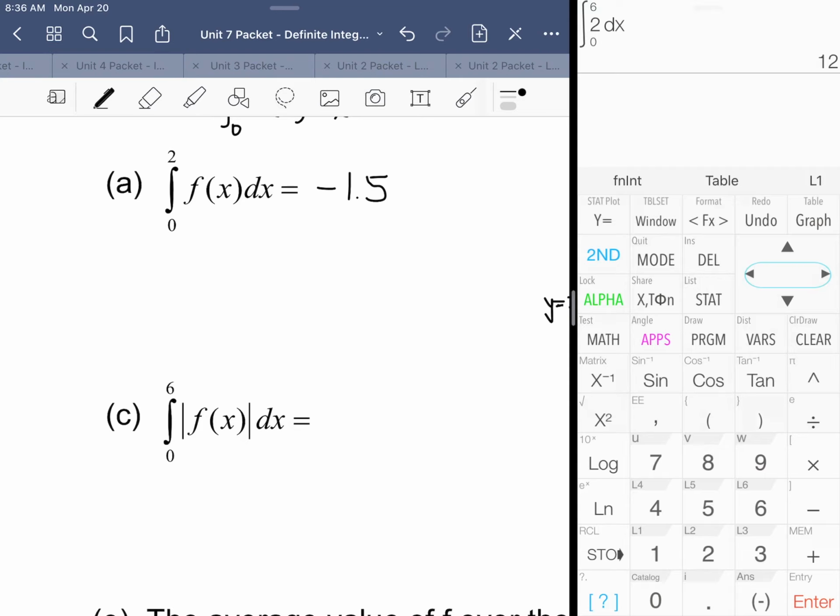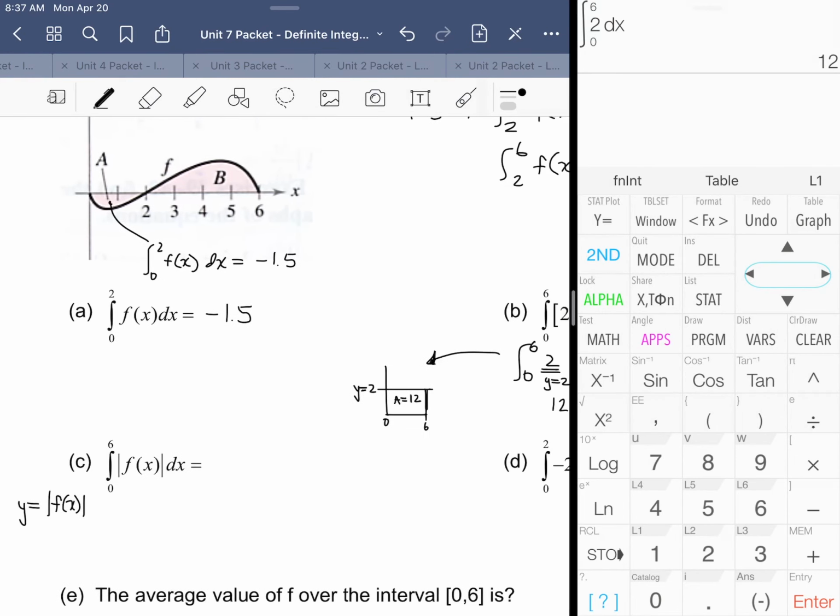All right? So, the absolute value of a function. Now, we weren't given the equation of this function, but we were given a graph. What I can do is just kind of ballpark it.